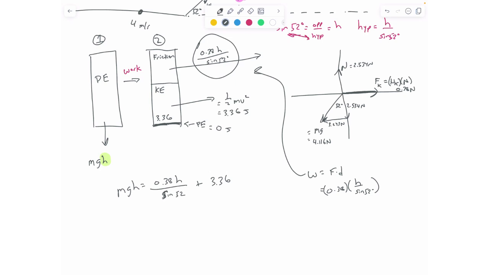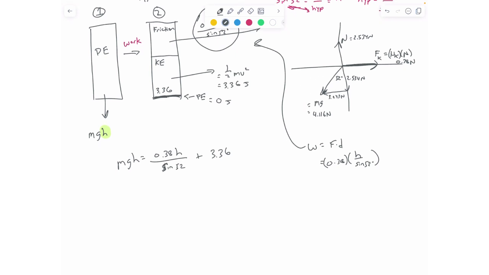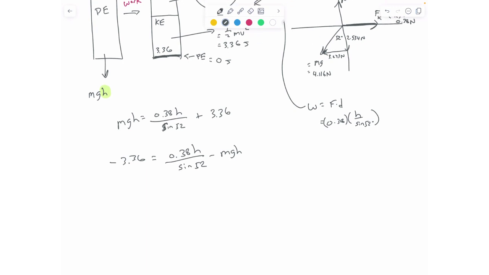Okay? So now what I want to do is reverse the 3.36 and the mgh. So I'm going to go negative 3.36 equals 0.38 h over sine 52 minus mgh. Okay? And now I'm going to pull out the h.